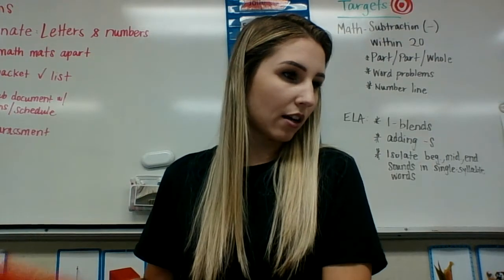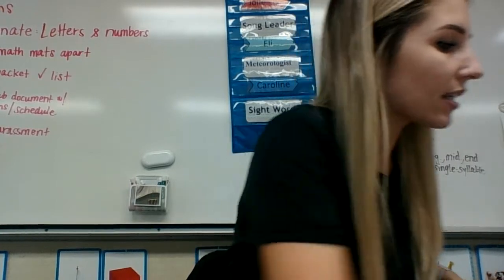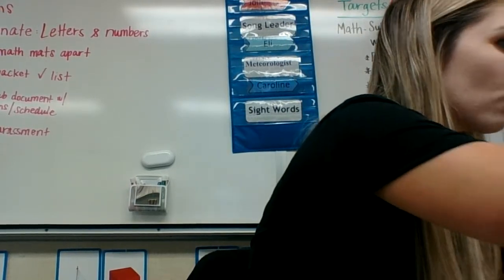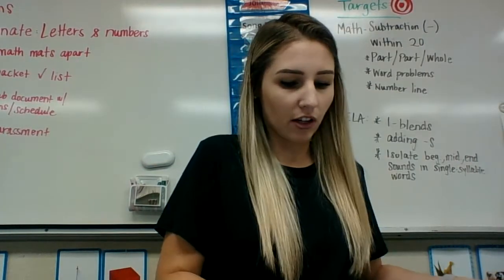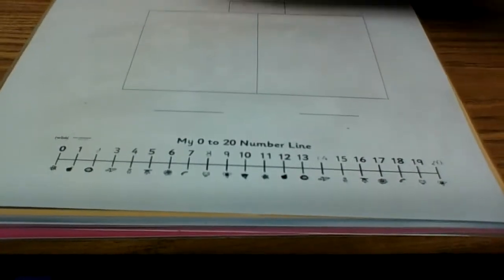Then after that, we went in our gray math tools folder and we practiced some more subtraction. Let me see if I can do it here. It's a mess. We practiced subtraction.